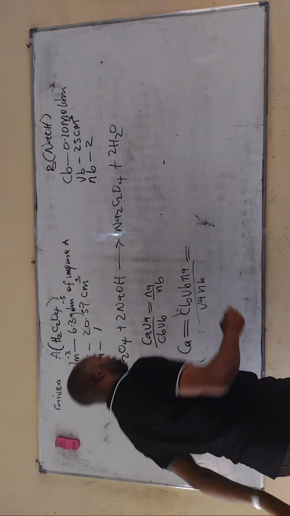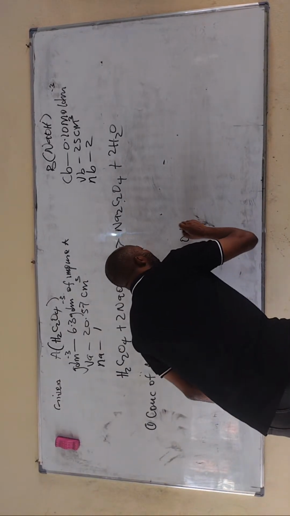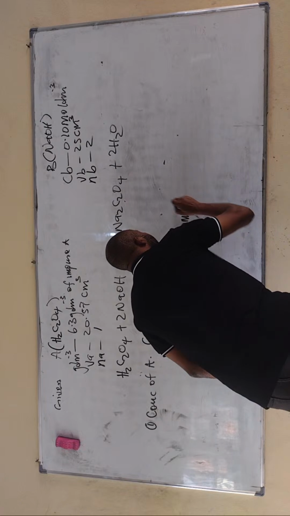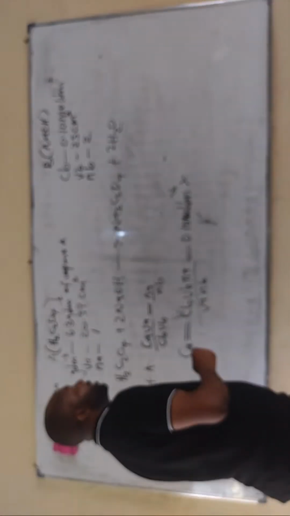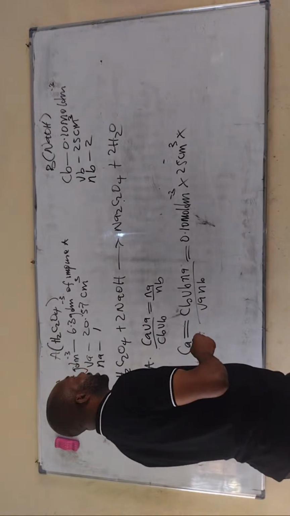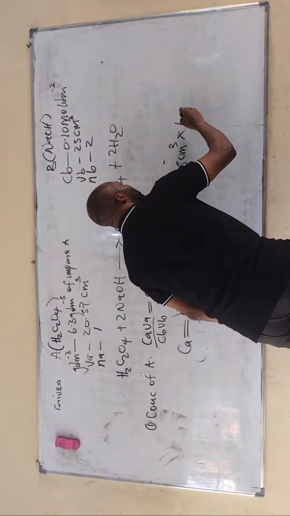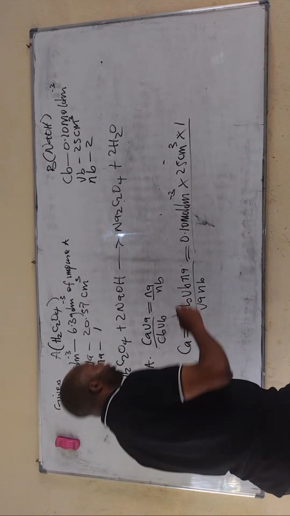And this is equal to, the concentration of the base is given to be 0.10 mole per dm cube. Volume of the base is 25 cm cube. Number of moles of the acid is 1. Volume of the acid is 20.57.